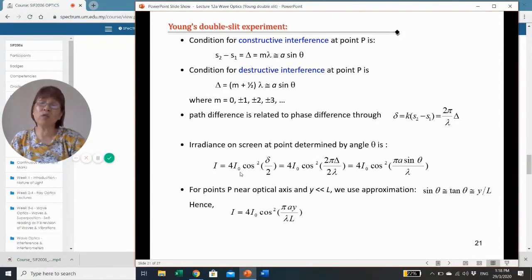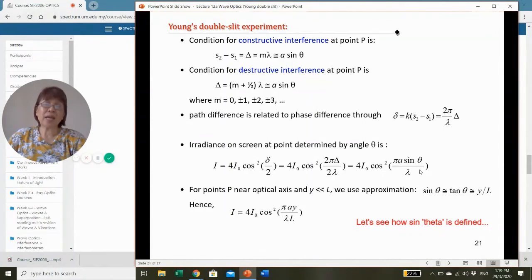That will be equal to 4I0 cosine squared delta over 2, which we derived about 2-3 slides ahead. Substituting delta equals 2 pi delta over lambda, the 2 cancels, and you get pi delta, and for the path difference you substitute a sine theta over lambda.